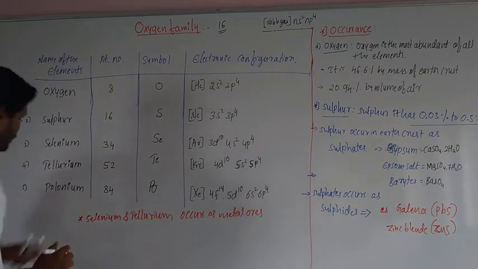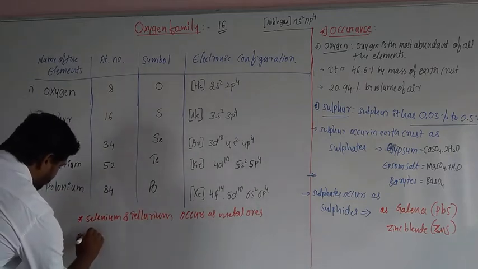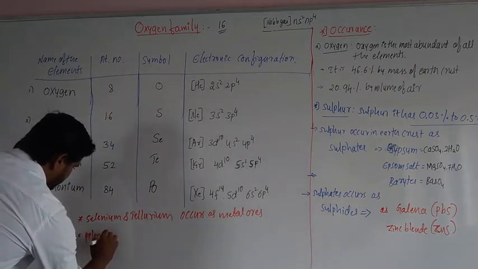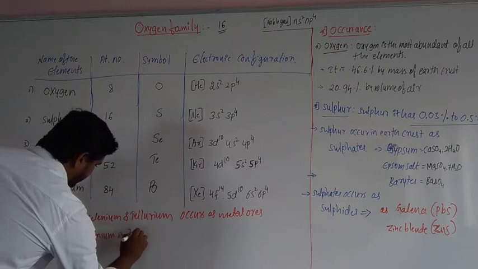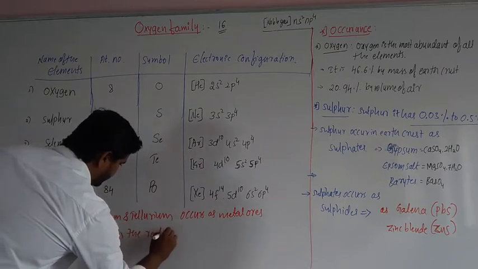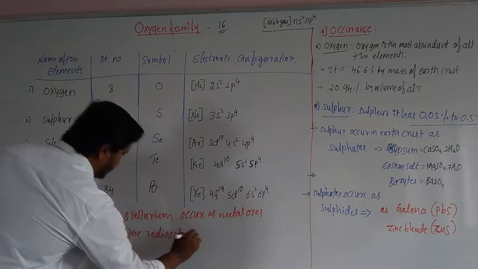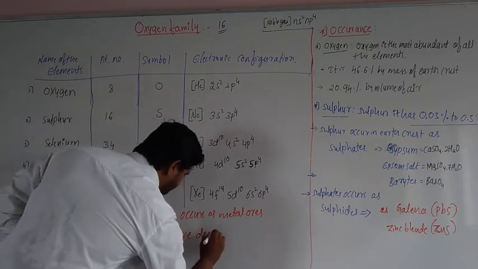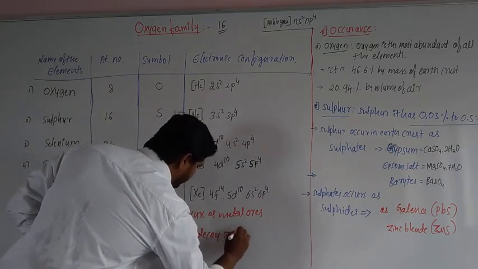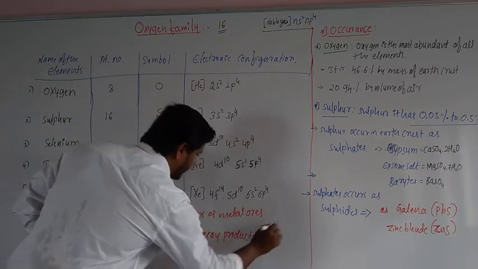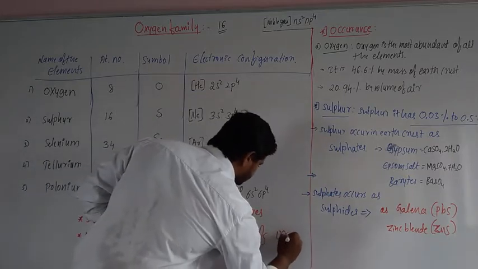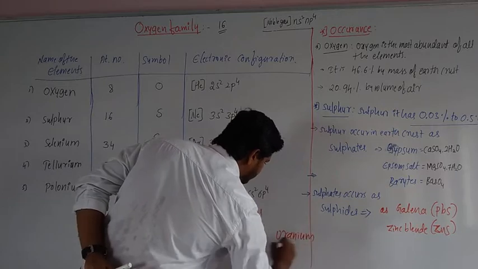And lastly, polonium is the radioactive decay product of uranium and thorium.